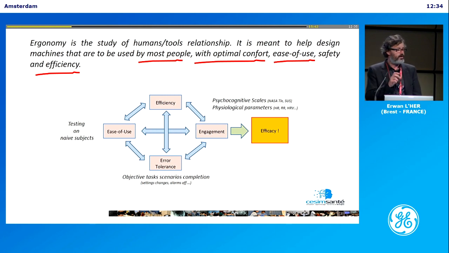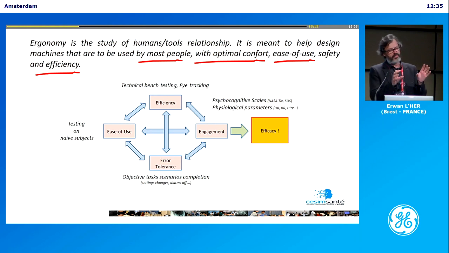But we also look at some very specific physiological parameters, of course heart rate, respiratory rate, but also heart rate variability, which is a good way to approach emotional excitation. And sometimes, of course, we will also look at the efficiency, and that's where we do the technical bench testing. But technical bench testing is only a part of the global evaluation of the device. And sometimes we also do some eye tracking.